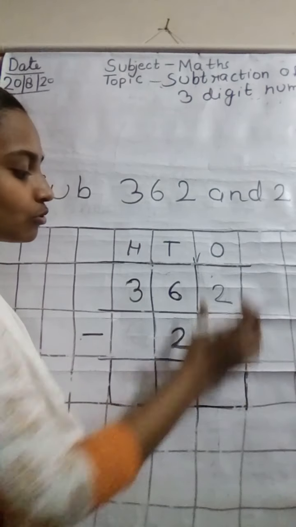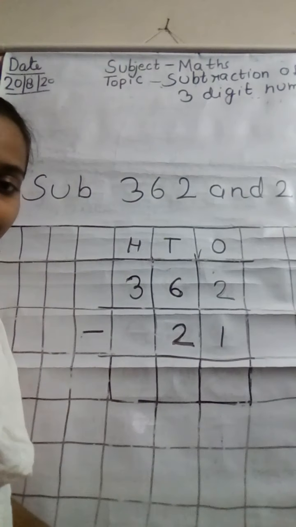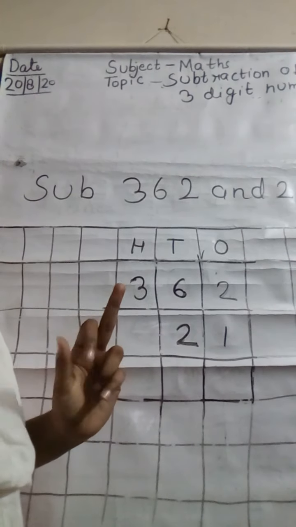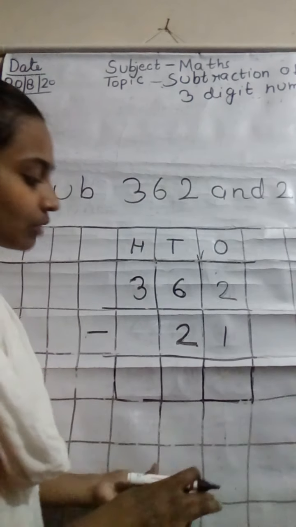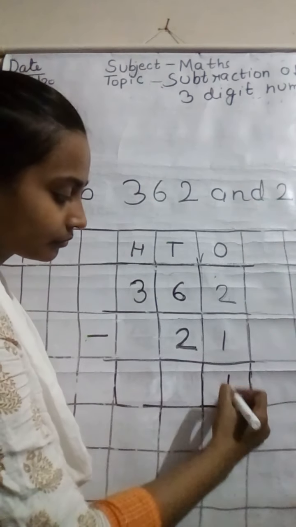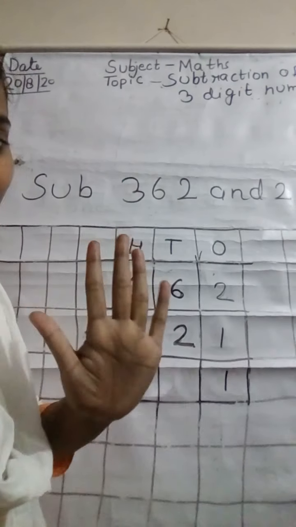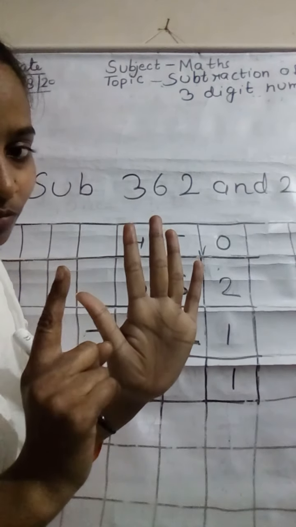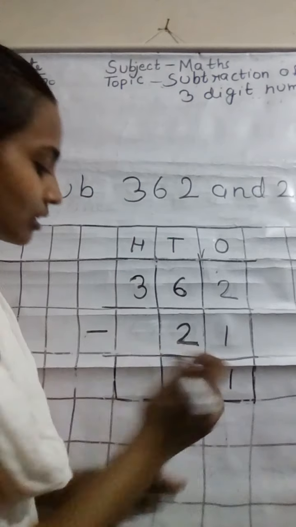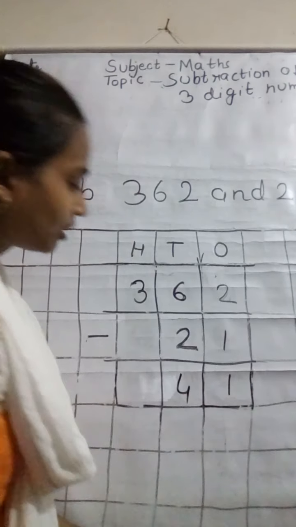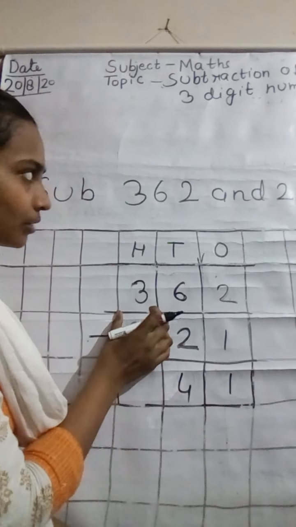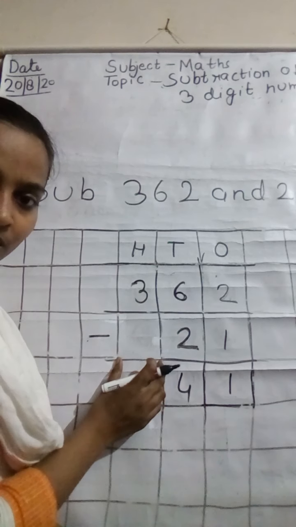So now we have to start from the ones place. 2 minus 1, you have 2 fingers, minus 1, only 1 finger you have. Now 6 minus 2, 4 fingers are left. Now 3, is there any number below this 3?